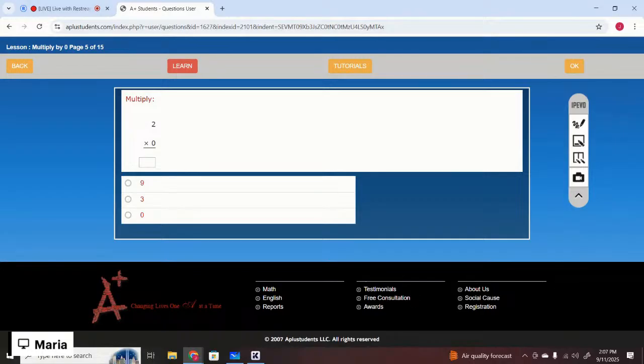Two times 0 is 0. Option number 3 is the correct option.